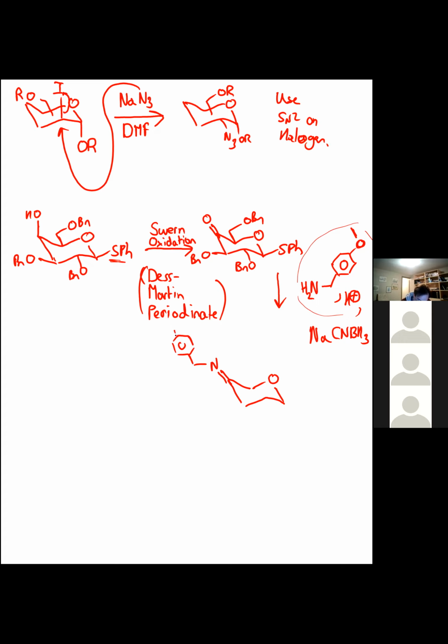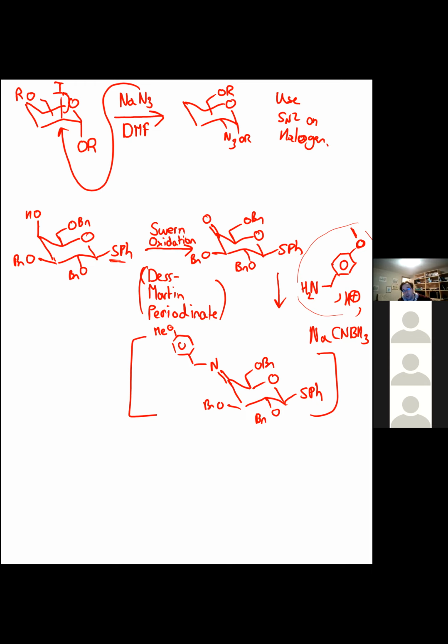And there's a reason I've picked this particular amine. It's probably the best one out there for doing this. So we make that. That's in brackets because if there's sodium cyanoborohydride, it's not sticking around very long.